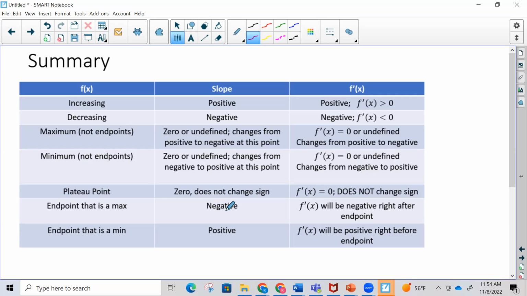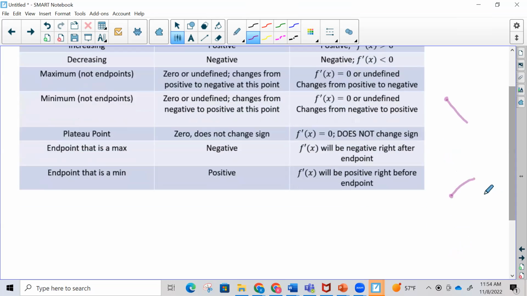At an endpoint, if the slope is negative, so if you have an endpoint and then after that point your slope is negative, then that endpoint will be a local max. And when we write negative, if the endpoint is a min, then right after the derivative would be positive and the f prime will be positive right before.